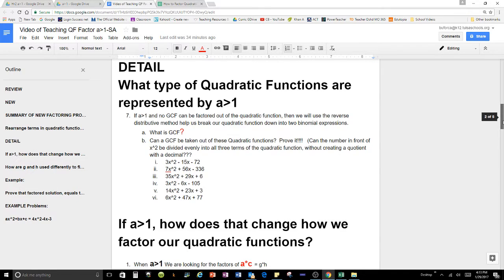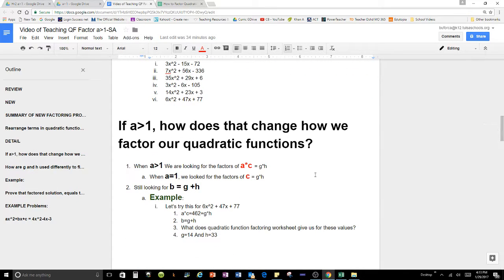So we're finally at the point where we're going to actually look at solving a problem where a is greater than 1, and we can't factor it away. So let's look at this example here.